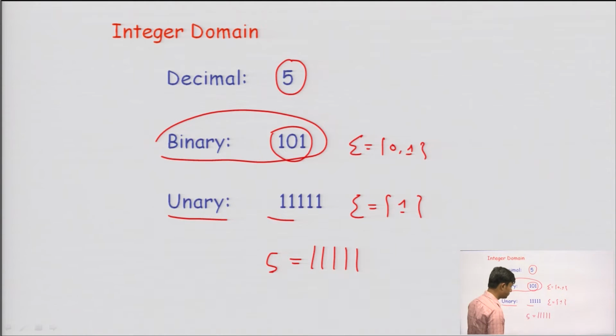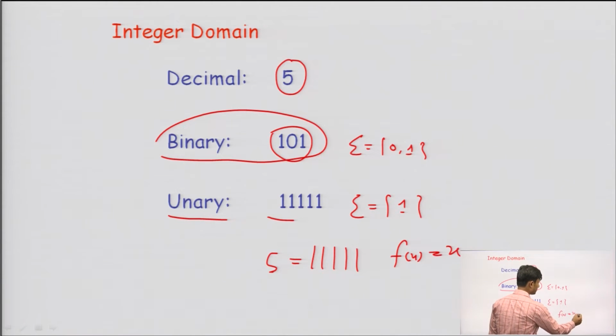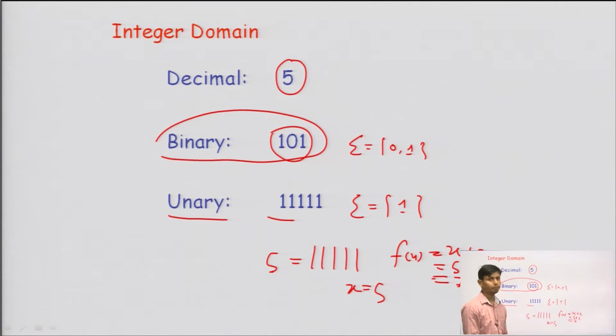Suppose f(x) is x plus 2 and x is 5, then 5 plus 2 is 7. In this case, your input tape will be five 1s, and after the processing, when the machine reaches the final state, your tape will have seven 1s.